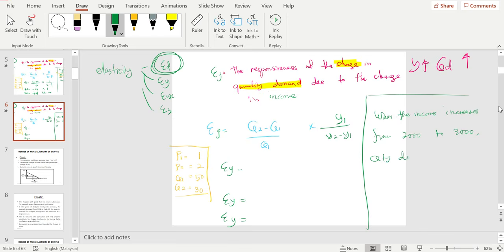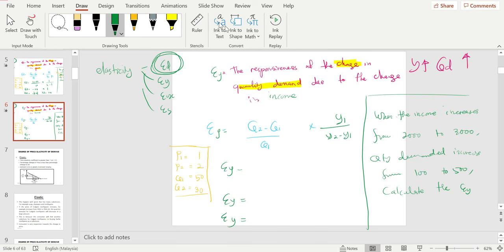Quantity demanded increases from 100 to 500. Calculate the EY.